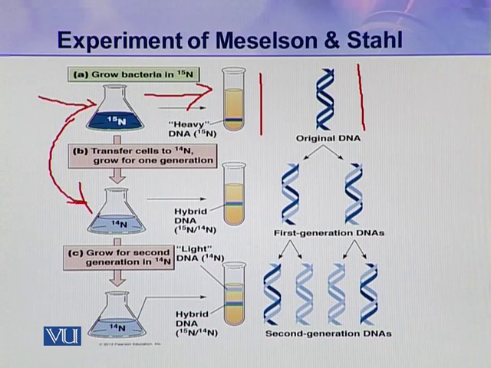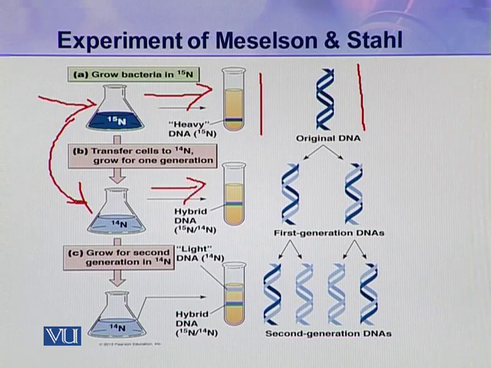and the normal medium contained N14, which is normal nitrogen. They allowed the cells to grow in this medium for some time so that DNA replication could take place and new DNA molecules could form.